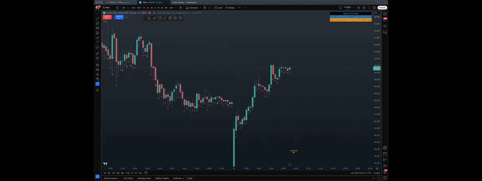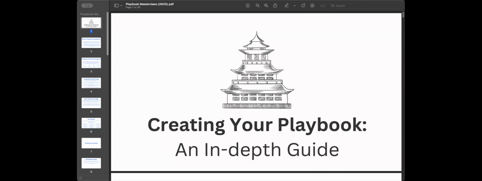The time frames that I use are tied to, let me actually bring this up so we can see it together. The way I like to keep trading simple is there are specific models of the strat that I use.